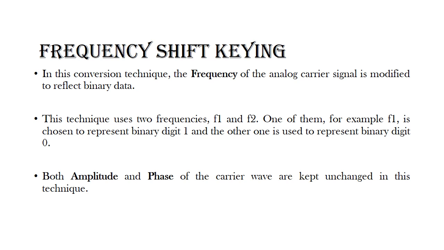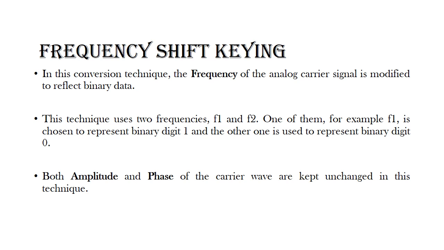As per this technique, it uses two frequencies, f1 and f2. f1 and f2 are just examples. For example, f1 frequency is useful for representing binary digit 1, and f2 frequency is useful for representing binary digit 0. So two different frequencies are used here to reflect binary digit either 1 or 0.